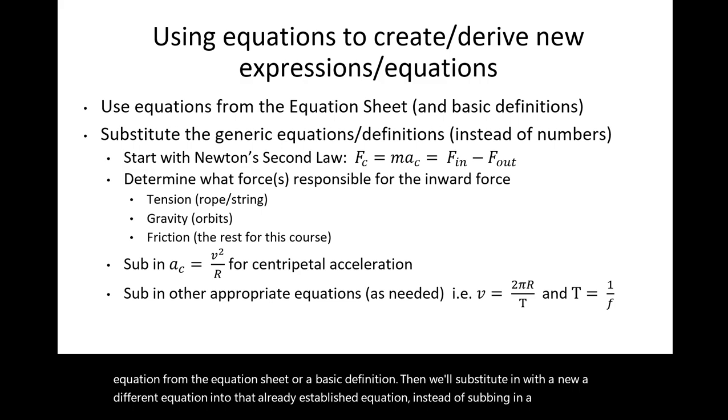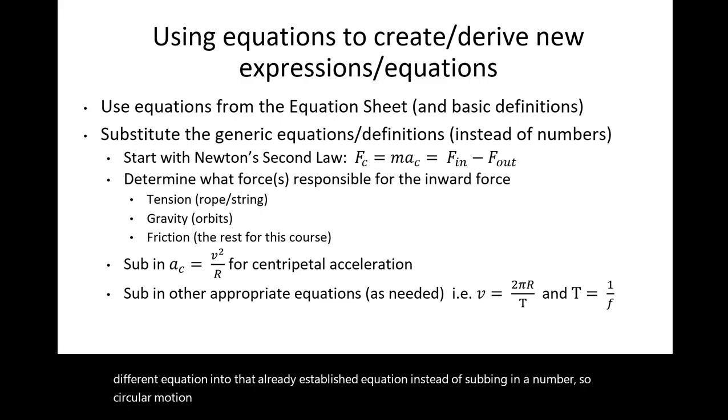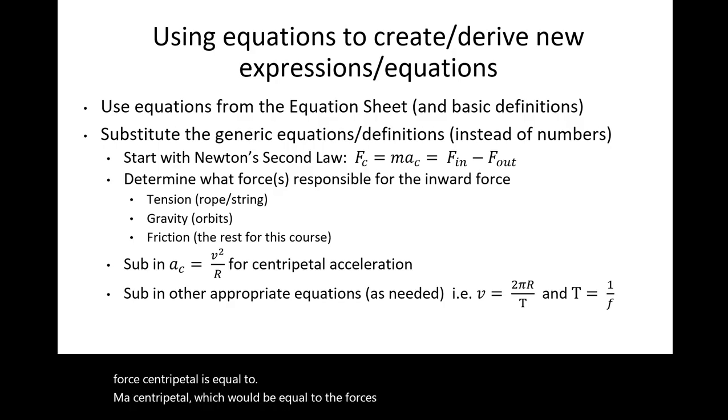So circular motion is just an extension of forces, so this is a total Newton's second law situation, that force centripetal is equal to m a centripetal, which would be equal to the forces going in towards the center minus the forces going out.